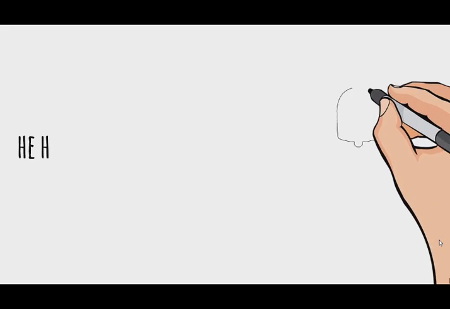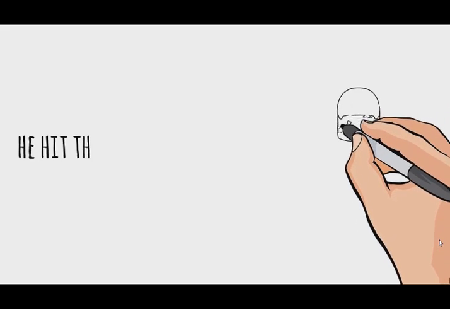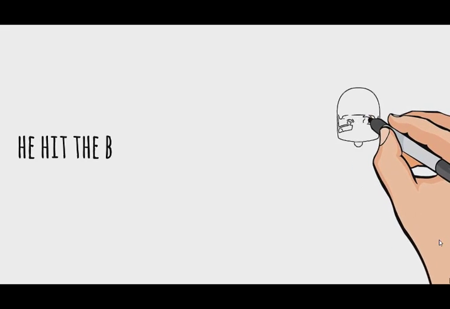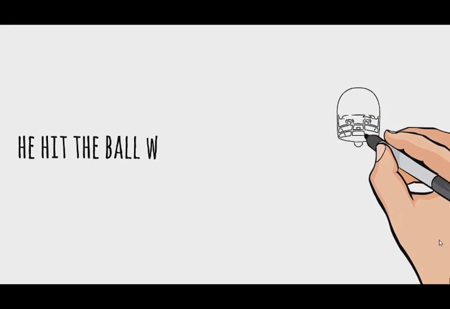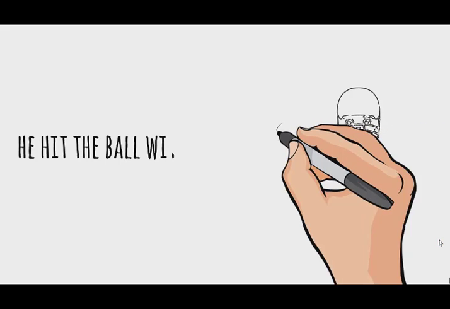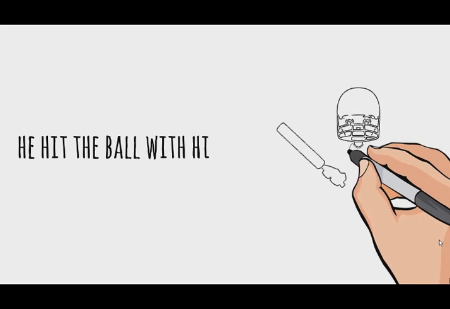I will write a sentence: he hit the ball with his bat. Again, in this sentence the verb is hit and the object which receives the direct action of the boy is ball. But wait, there is another word, bat, here.